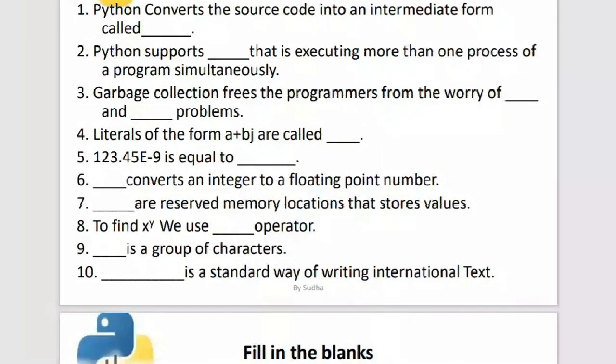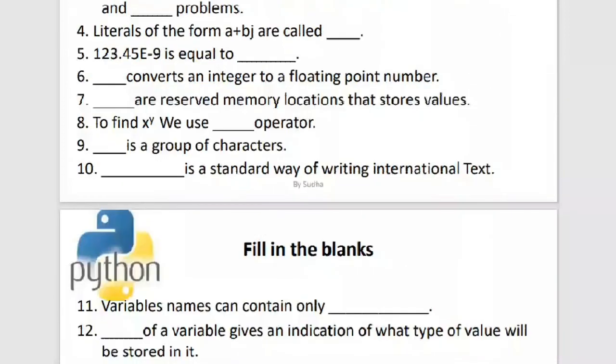Double asterisk. Okay. Dash is a group of characters. String. Okay, strings are a group of characters. Dash is a way of writing international text. Unicode. Yes, Unicode. Very good.